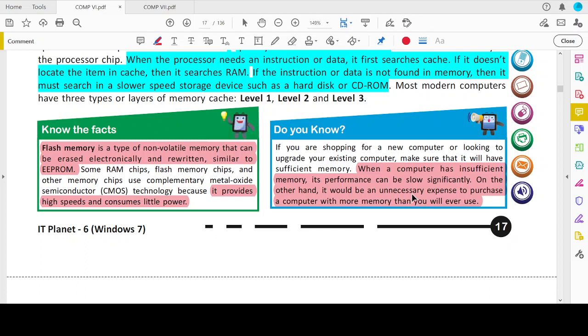If it is kept unused, your money is getting wasted. So these are the different suggestions they have given, and this one is a similarity of flash memory with an EEPROM. So with this, we complete this chapter.